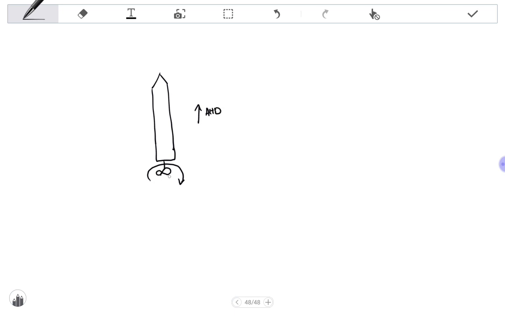The propeller will rotate. Initially, what will happen? The propeller will take water from this side because the blade of the propeller is turning in this clockwise direction, taking the water from this direction and throwing it to this side. This is what is happening initially when we give an ahead movement.